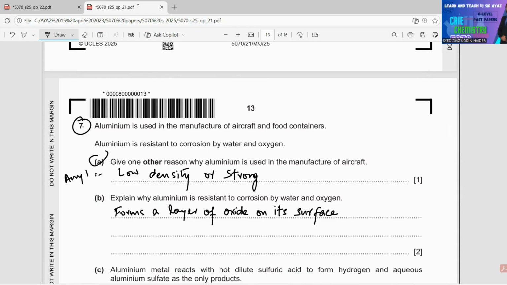It's of 2 marks, so 1 mark for this one. So next mark you will write layer is impermeable to water.